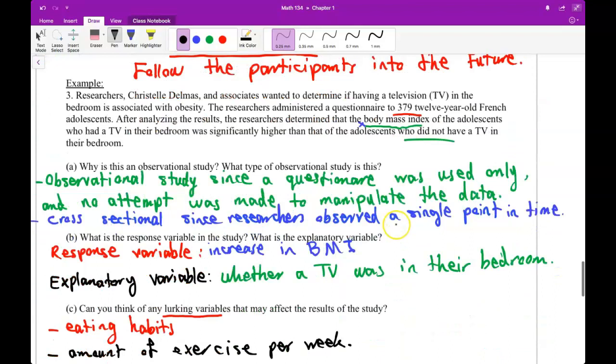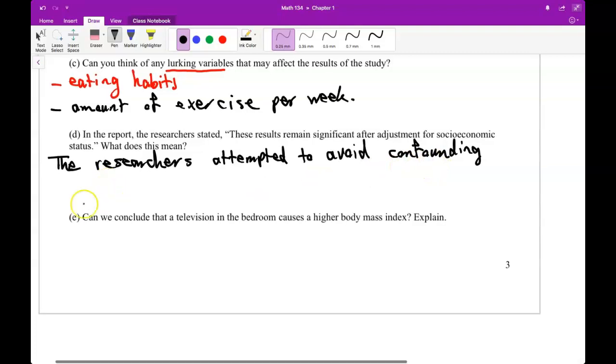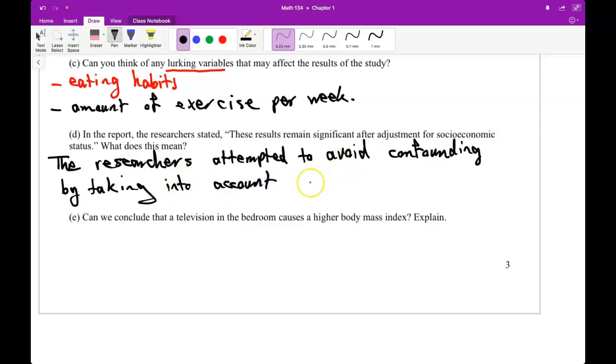So they want to avoid these variables by taking into account socioeconomic status.